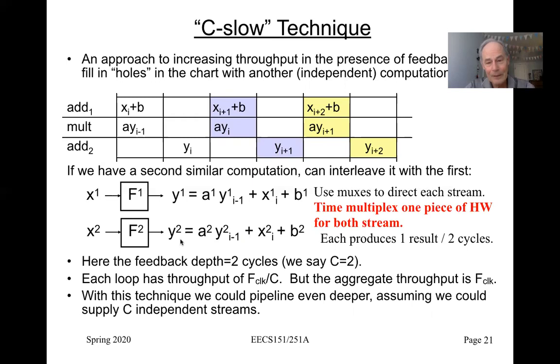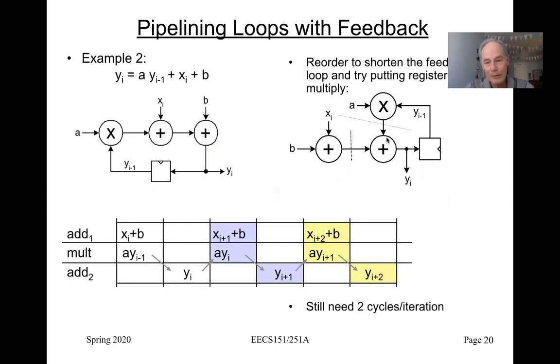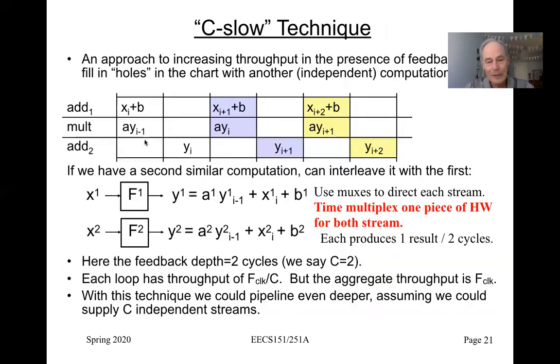So what we could do is then, instead of implementing this as 2 separate pieces of hardware, we just implement one of them in the way I've shown on this last slide, and then we can interleave the second computation in between the first. So here the feedback depth is 2 cycles.